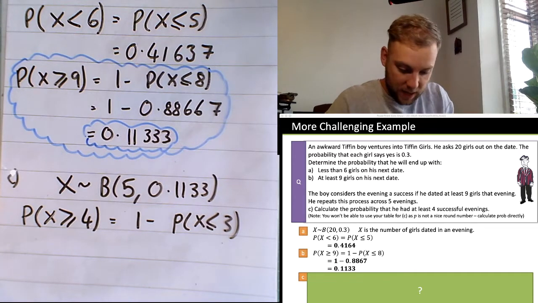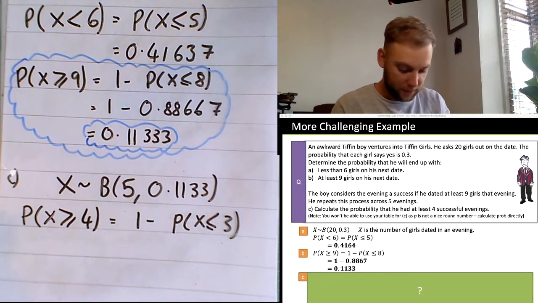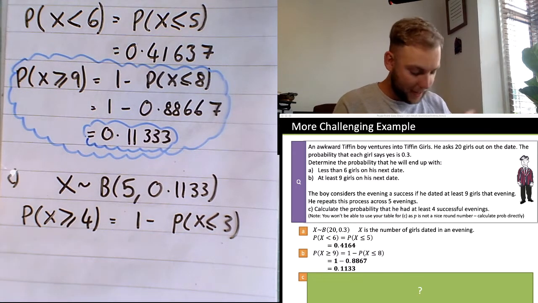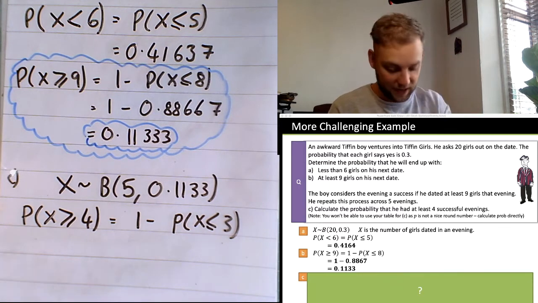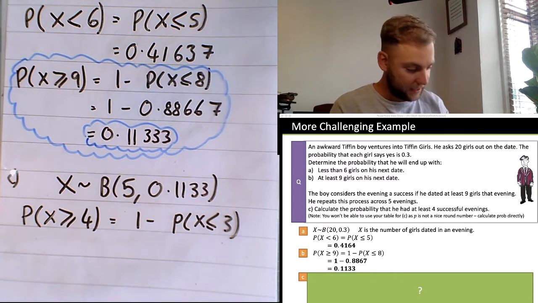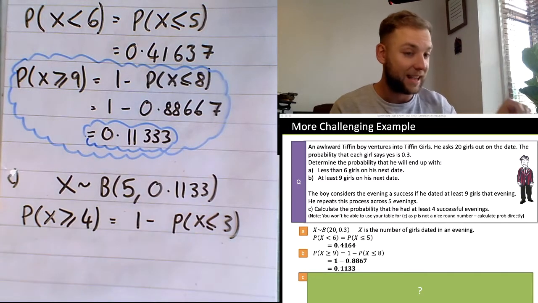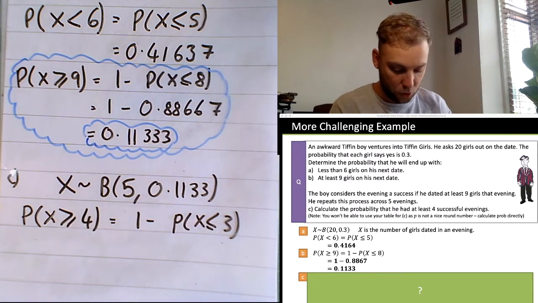Let's work this out then. So I'm going to have to change it all now. Menu 7, binomial CD again, and I'm going to do variable. So x in this case is 3. My number of events now is the 5 nights. The probability has changed because it's the probability of success of being on 9 dates, which is 0.1133.